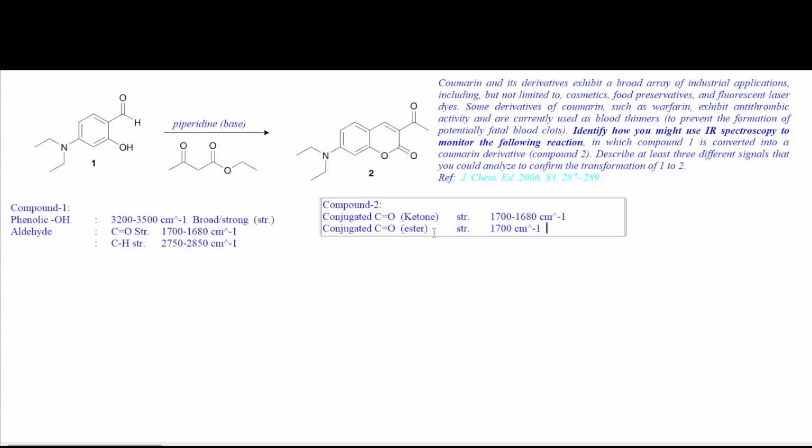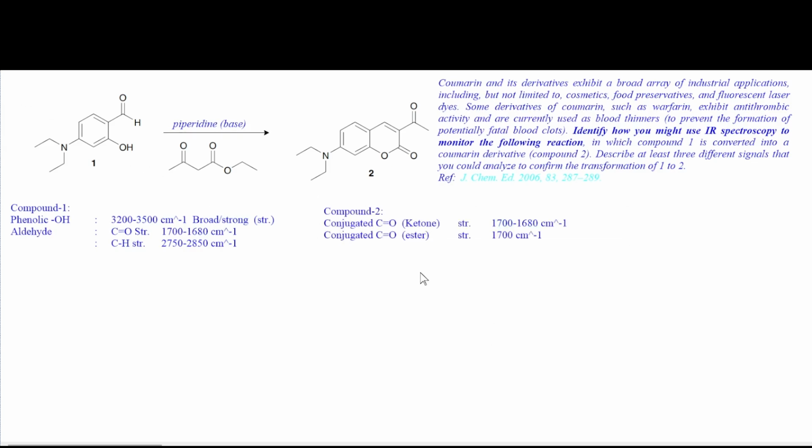IR frequency. So we can write about monitoring the reaction progress by monitoring the change in frequencies. The phenolic OH peak will vanish because that's not present in the product. The aldehyde C double bond O and C-H stretching peaks will also disappear in compound 2.